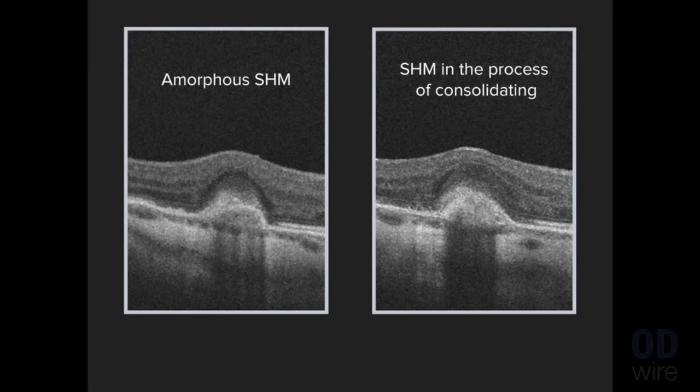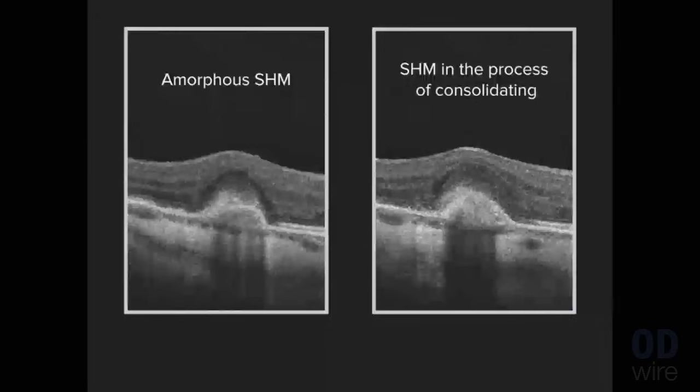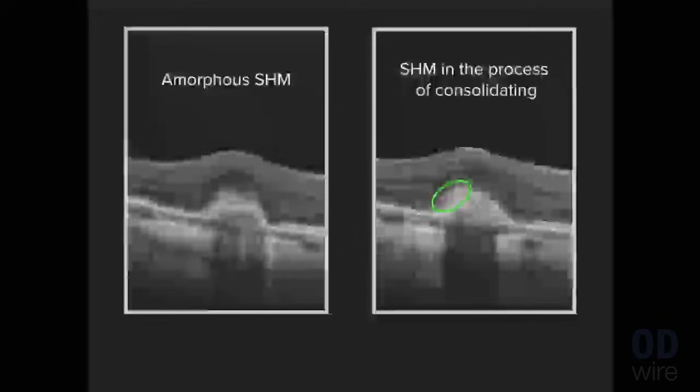And understanding that the subretinal hyperreflective material can look different as the choroidal neovascular disease progresses, either naturally or in response to treatment, is going to be very important in terms of you being able to better manage your patient. There you are, the area of consolidating subretinal hyperreflective material.